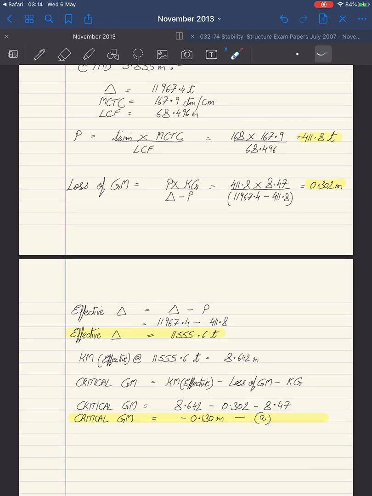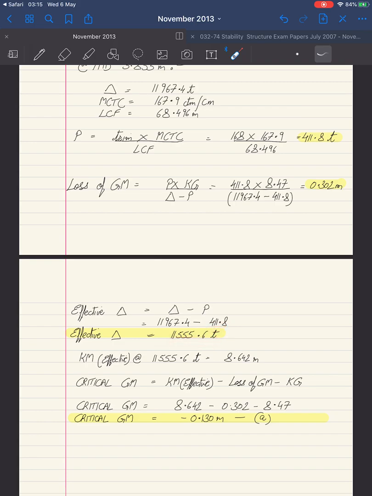The next step is to find the effective displacement. Effective displacement is the displacement which includes the P force, or the virtual loss of displacement. The initial displacement was 11967.4 tons and the P force was 411.8 tons. So the effective displacement is 11555.6 tons.